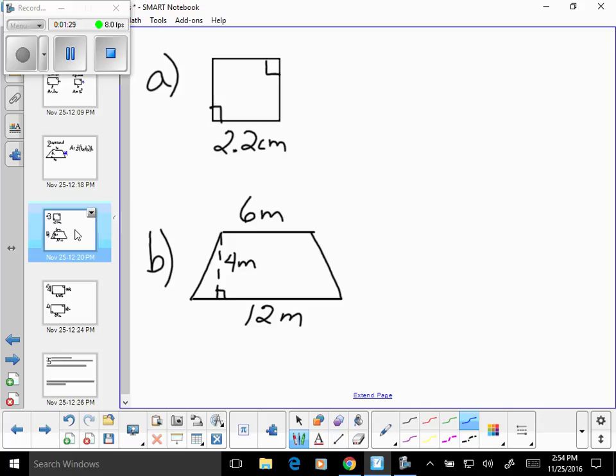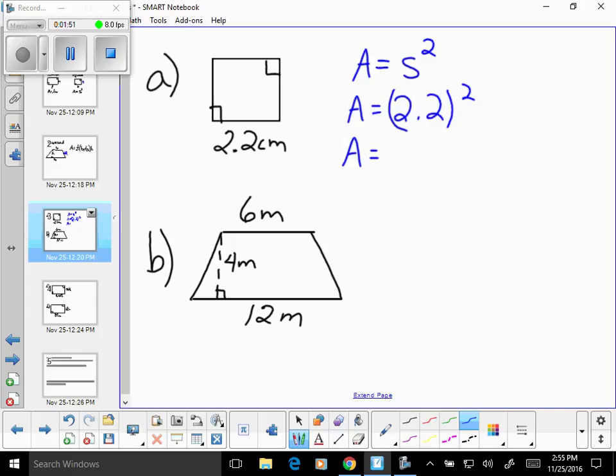Okay, we're going to start out by always writing down our formula, and first we have to recognize what shape we have. This is a square, so we are going to use area equals side squared. So area equals 2.2 squared, and this is where you're probably going to use your calculator.